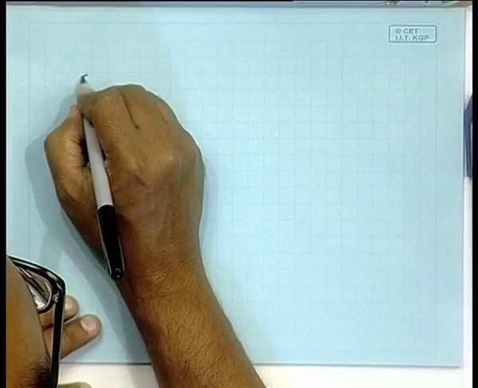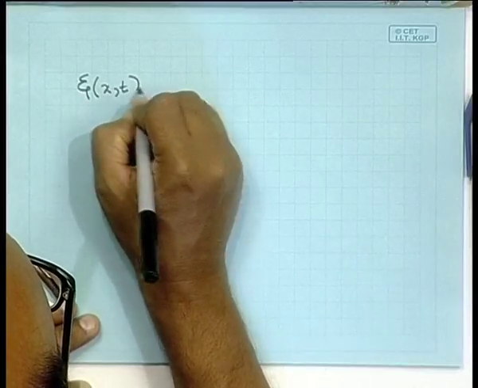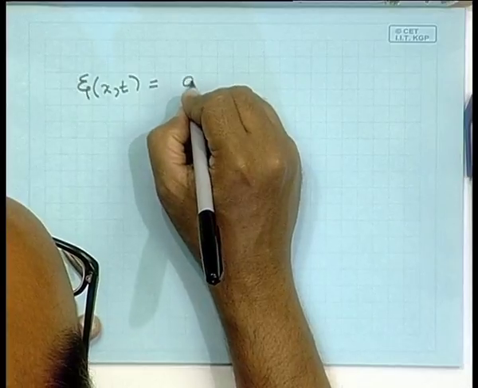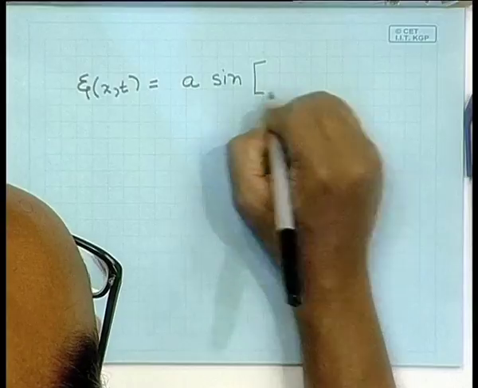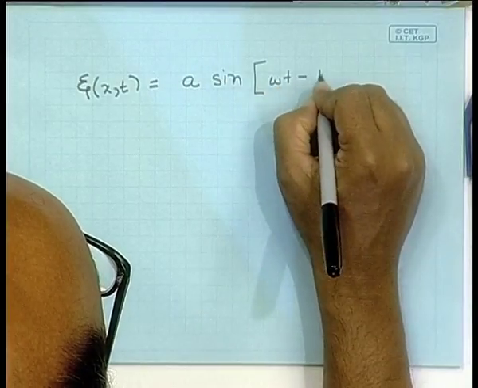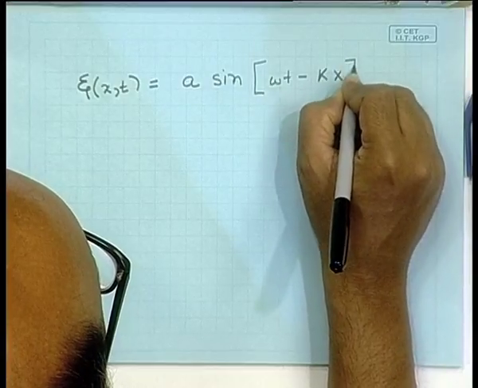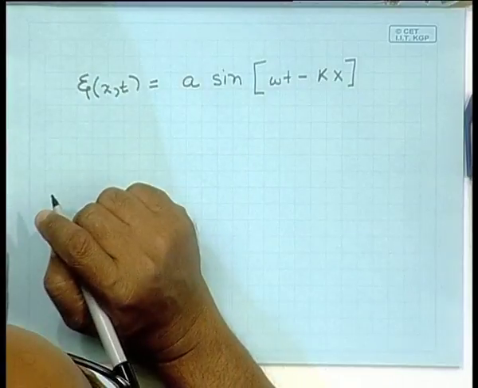Now the sinusoidal plane wave, which we have discussed extensively earlier, in purely real notation can be represented like this: a sin(ωt minus kx). This is a sinusoidal plane wave which we are already quite familiar with.